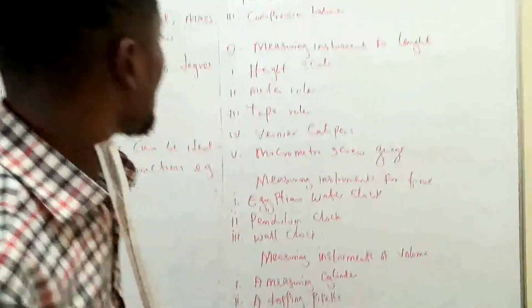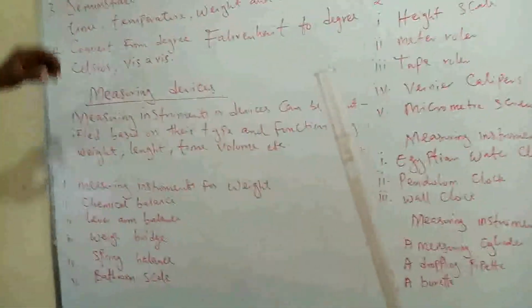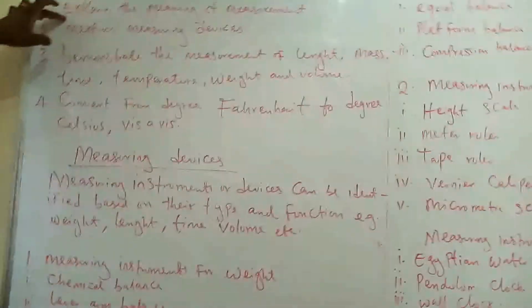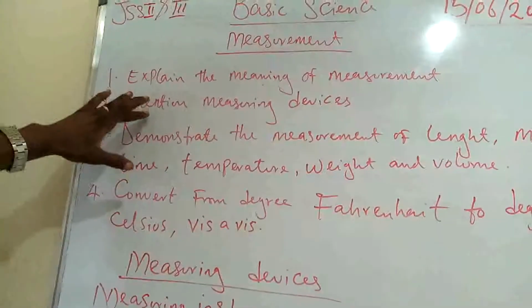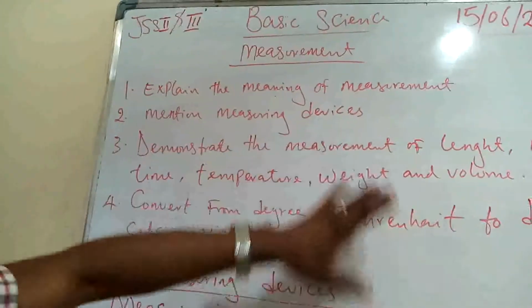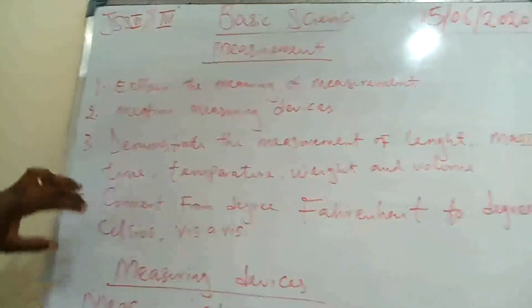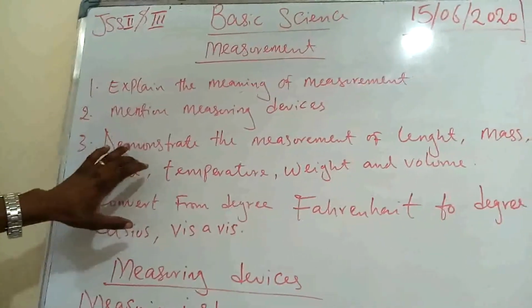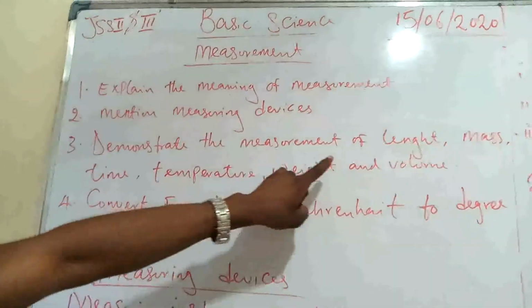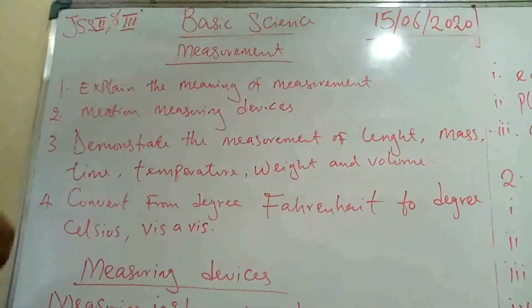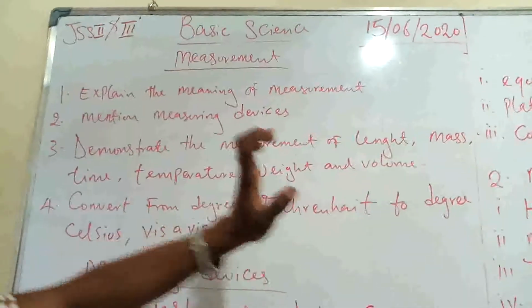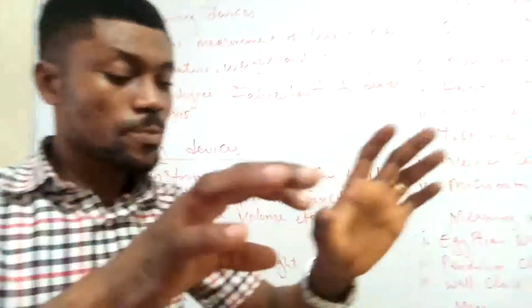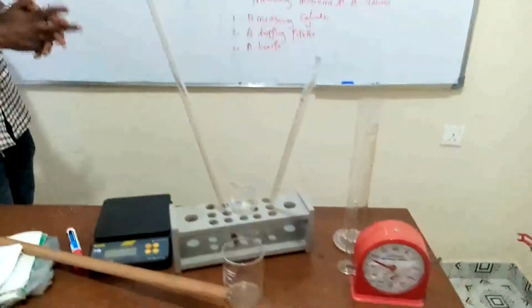Okay, now we've been able to treat the first objective here, which is to explain the meaning of measurement, and we've also been able to mention the measuring devices. Now in our next class, we are going to demonstrate measurements of length, mass, time, temperature, weight, and volume using this measuring instrument that we've listed or that we've kept aside here.